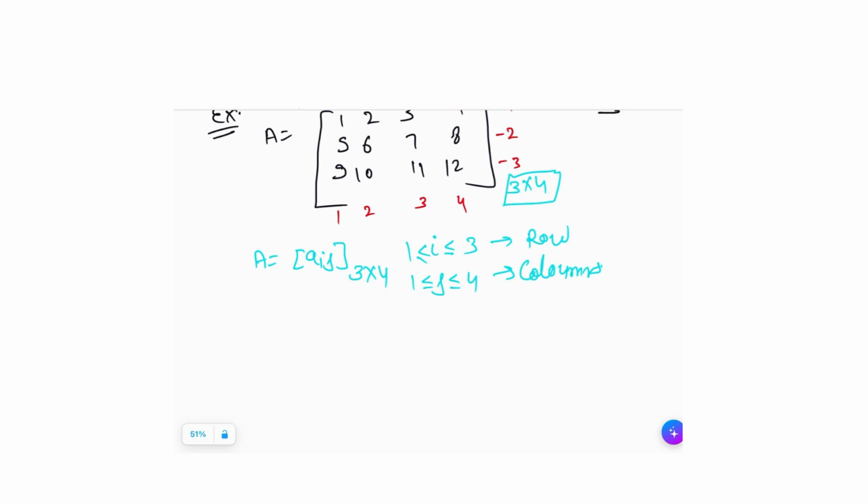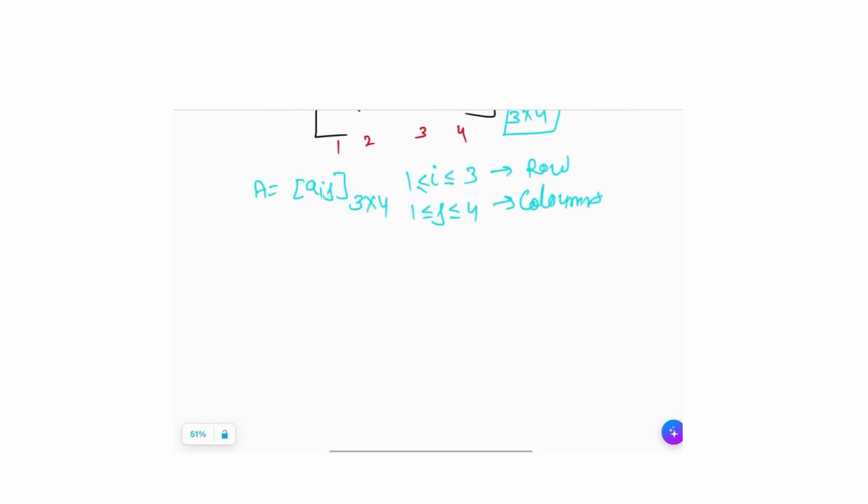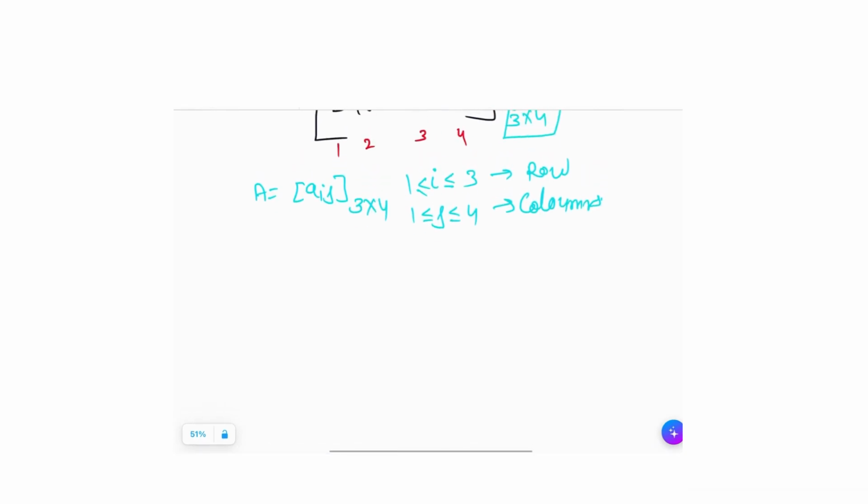Okay, now we come to what is the principal diagonal line of a square matrix. We have A equal to Aij, m cross n.